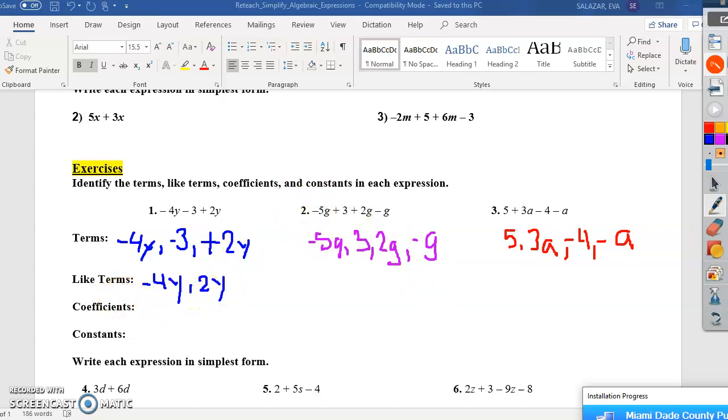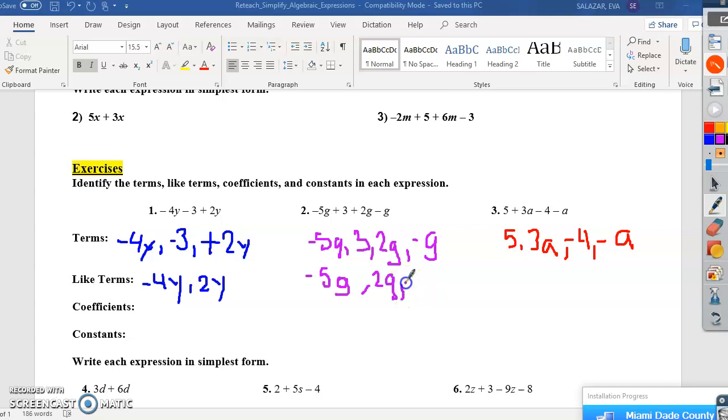For number 2, we can combine negative 5g, 2g, and minus g. So those are all like terms. Negative 5g is alike. Again, they carry the same variables. 2g is a like term.